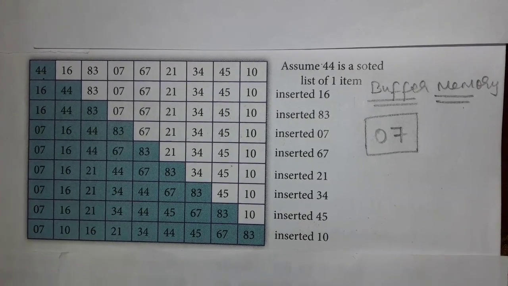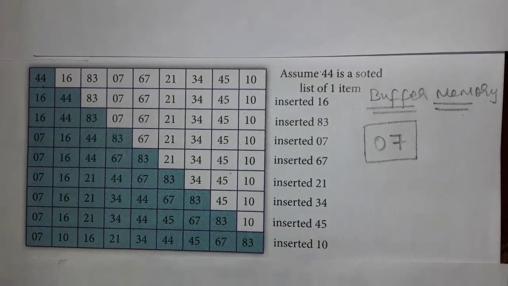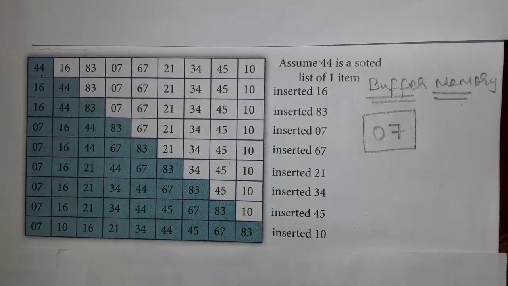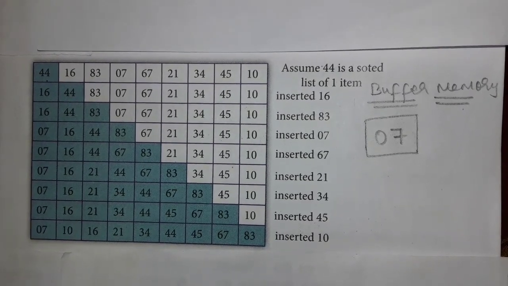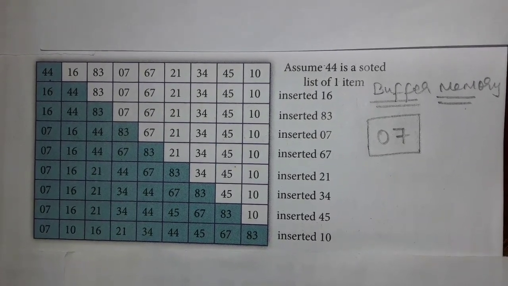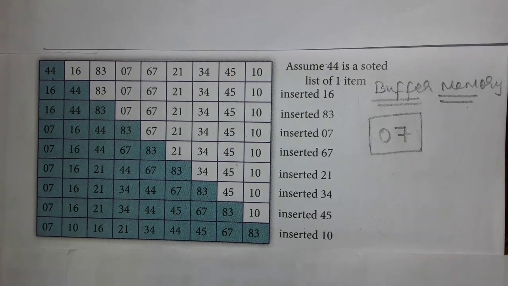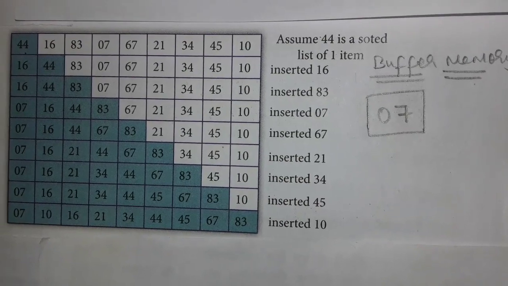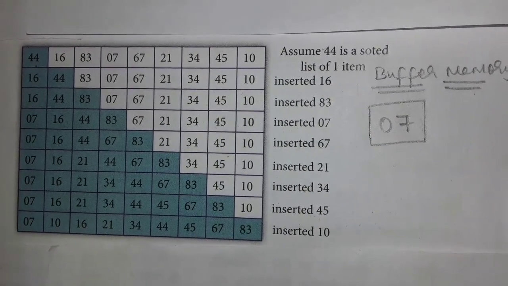Next element is 83. It is in correct order, so it will stay in the same position. The fourth element is 7. Now 7 is smaller than all these 3 elements, so it has to be taken to the first position. How it will do this is, a temporary memory called buffer memory will be created.